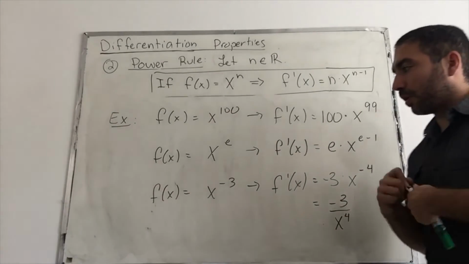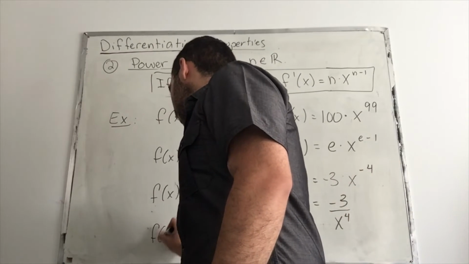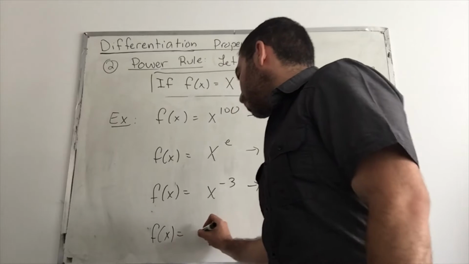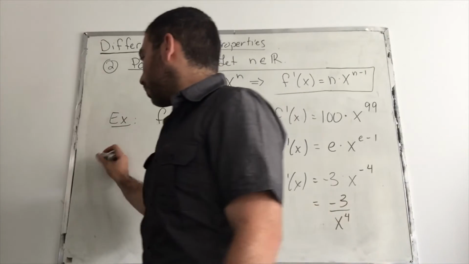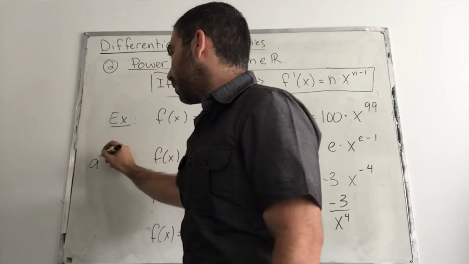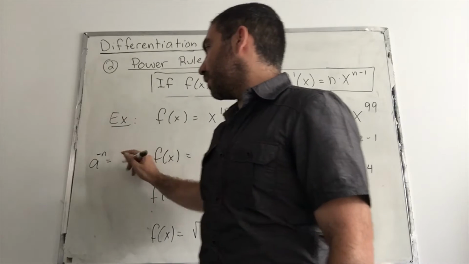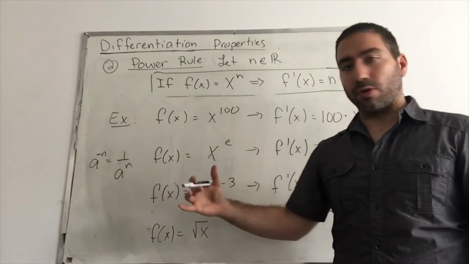There's one more example where I want to take a look at roots. So two properties that we have to know. Let's just do square root of x, keep it simple. We have to know that a to the negative n is equal to 1 over a to the n. So essentially if you have a negative exponent, you drop it to the bottom.